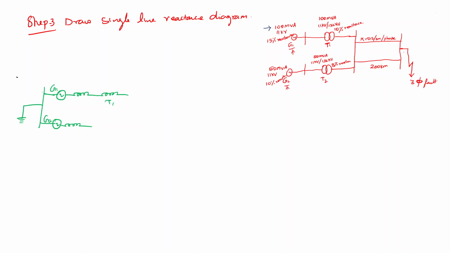This is xg1, this is xg2, and here it is xt2, and a transmission line, having two transmission lines. So I am taking two transmission lines, and this is the fault place.